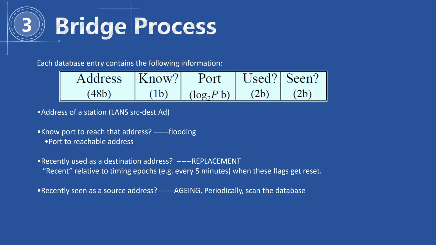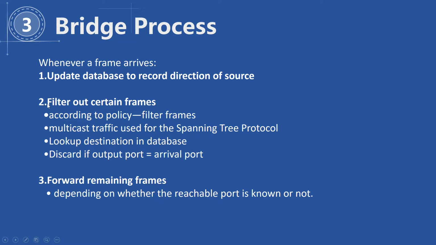It also uses an aging policy to update the source address: set the recently flag in the same port. In this case, during 5 minutes, if the address hasn't been recently observed, the bridge will delete it.